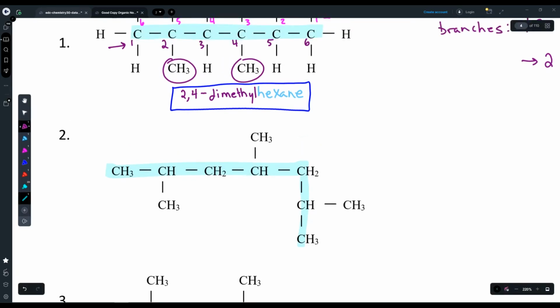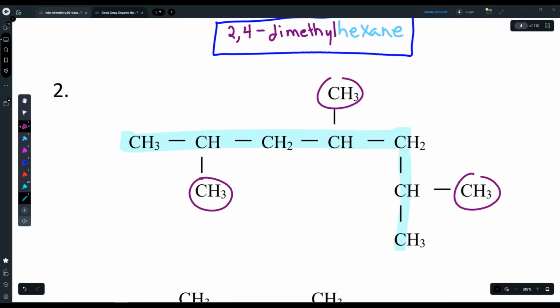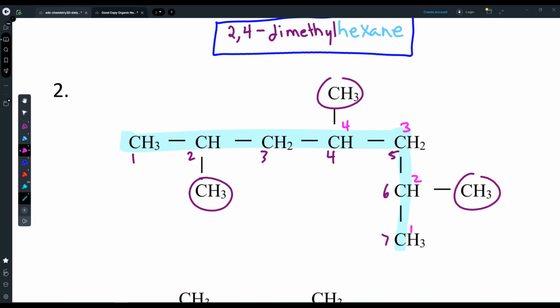Okay, so I'm circling my branches just to make it a little bit more obvious. Okay, and let's do our numbering. You either start from left and go right or right and go left. So I'm gonna go 1, 2, 3, 4, 5, 6, 7 versus 1, 2, 3, 4, 5, 6, 7.